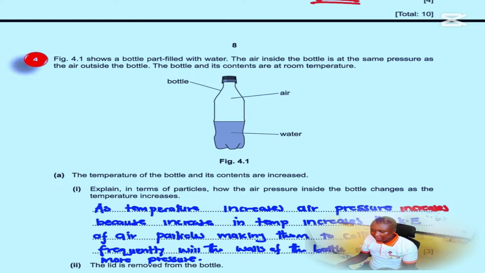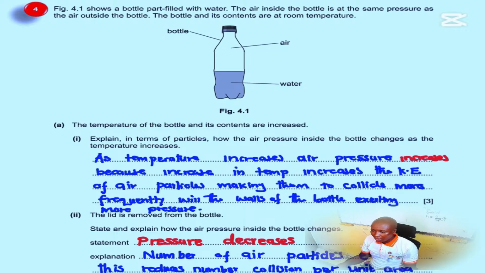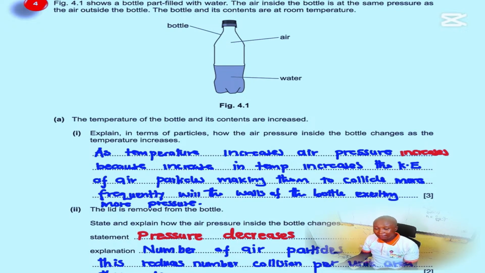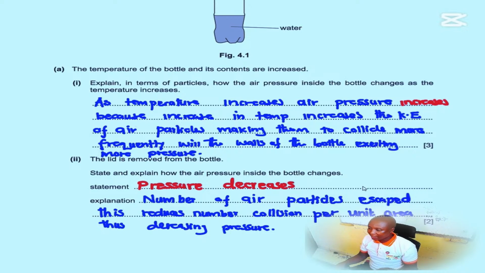Still talking about pressure, we shall look at how temperature affects pressure. In this case, we are told to explain in terms of particles how the air pressure inside the bottle changes as temperature increases. As temperature increases, the kinetic energy of the particles increases.